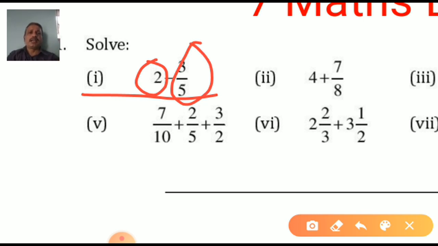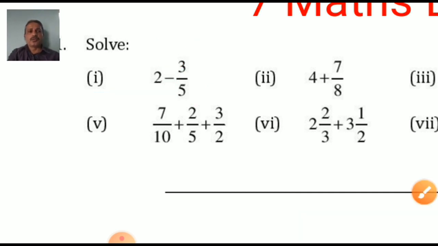In between there is a minus sign. We can do it, but student, in the earlier classes we completed only integers, whole numbers or natural numbers: addition, subtraction, multiplication and division. But now in this class we will learn about fractions, addition, subtraction and multiplication also. Let's see the solution.